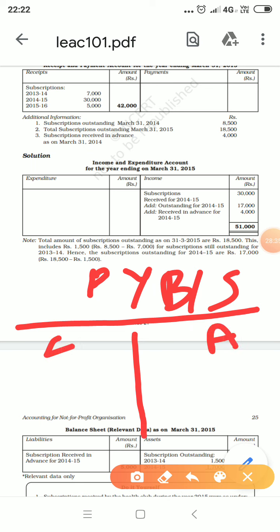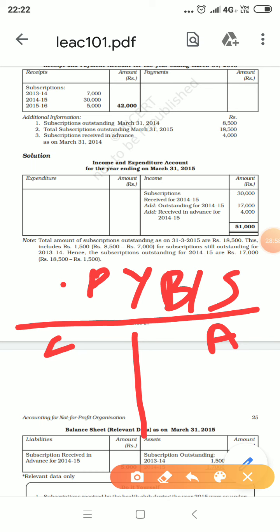Now you may ask why we are preparing the previous year's balance sheet. Because in a full-fledged sum, sometimes the capital amount will be missing. The capital fund which is supposed to appear on the liability side of the current year's balance sheet will be the balancing figure of the previous year's balance sheet.